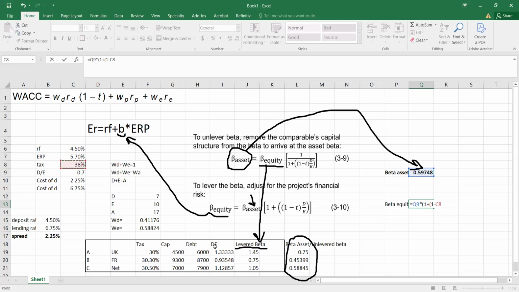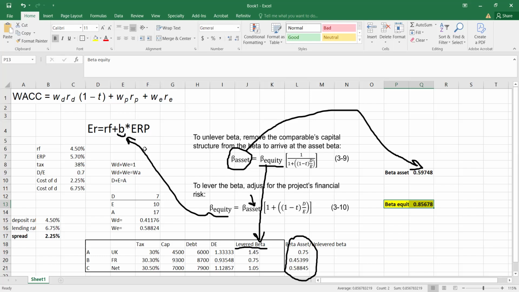But now I'm using the beta equity for my private company. So, 1 minus tax, I'm using this formula, multiplied by the debt equity ratio. Which debt equity ratio should I use? Please help me. 0.7. Yes, perfect. That's it. So my beta equity is this. My final beta equity, my approach was this. So this is my private beta equity that I will be using here.